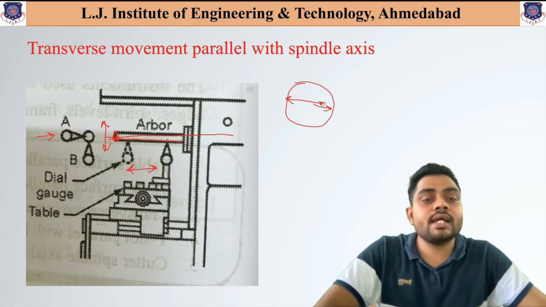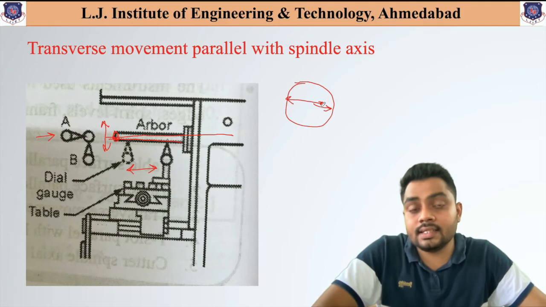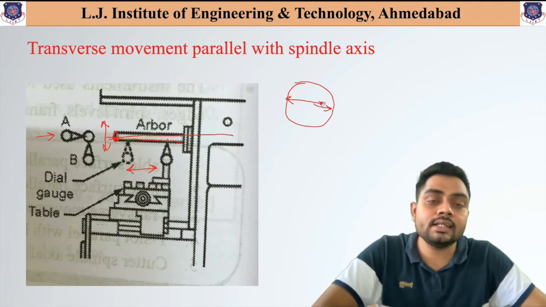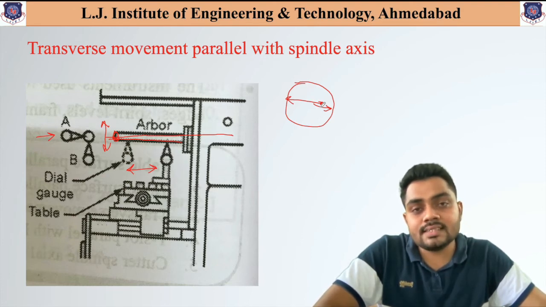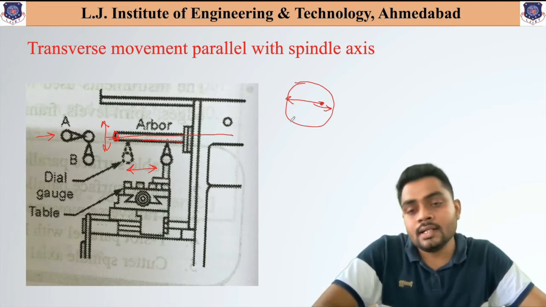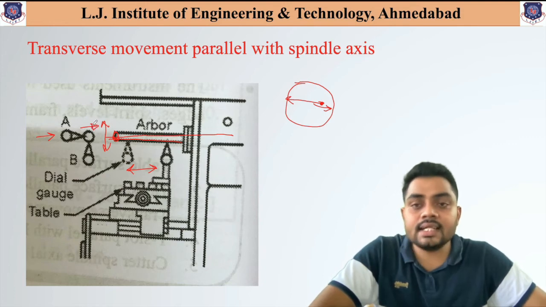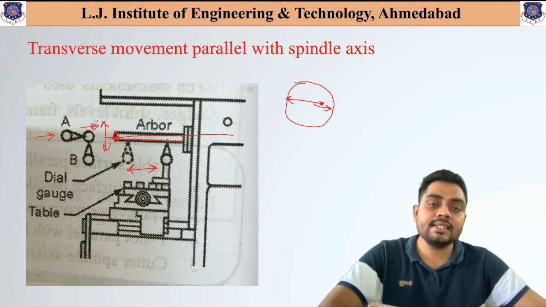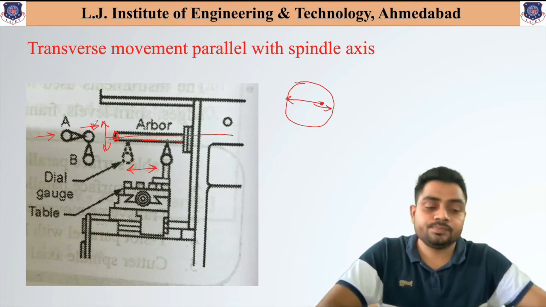If it shows any deviation from the mean position, that means there is not an exact transverse movement. But if the dial indicator does not show any deviation from its mean position, then we can say that there is transverse movement parallelism with the spindle axis. The movement checked from this direction is indicated as the transverse movement, and if it is exactly parallel, then this dial gauge will not show any deviation from its mean position.